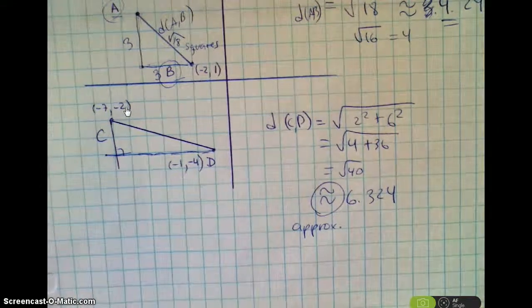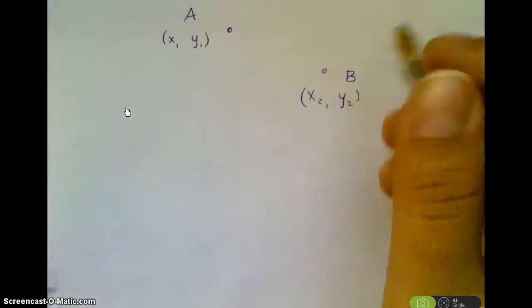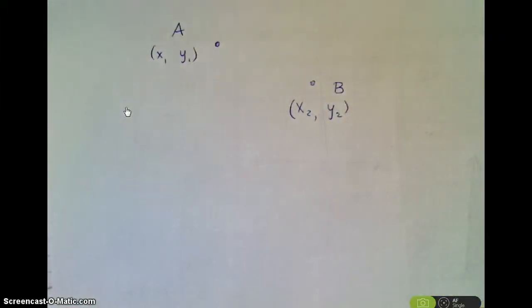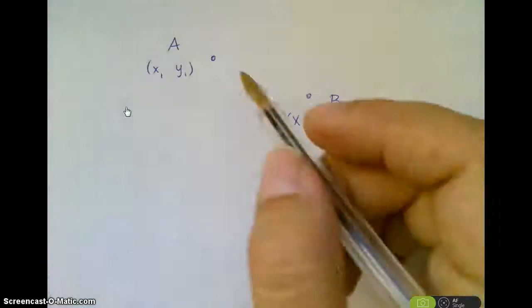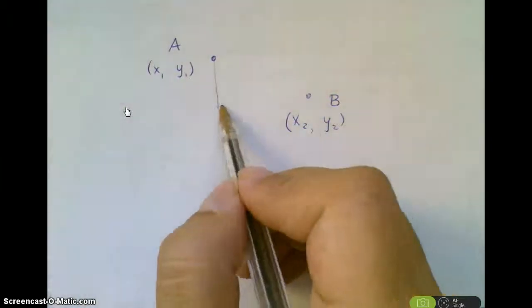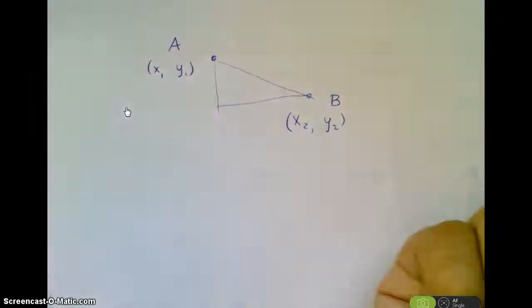So what happens if I have to find the distance between 2 points and I really don't know where my coordinates are? Well, I still can use a right triangle. I just have to know what I'm doing to find how big the legs are.